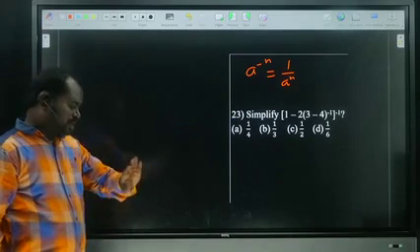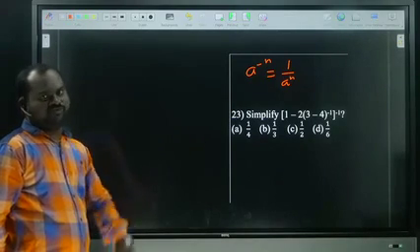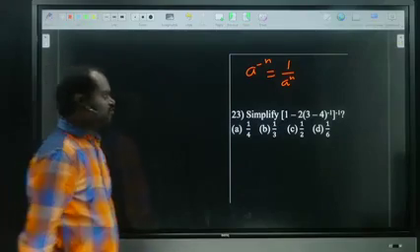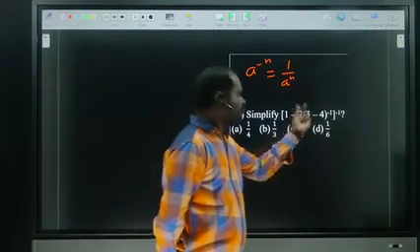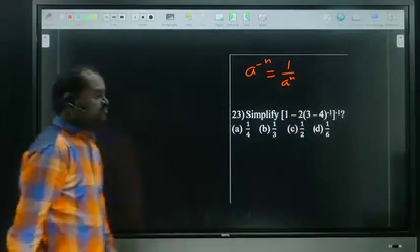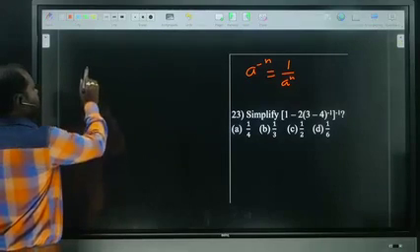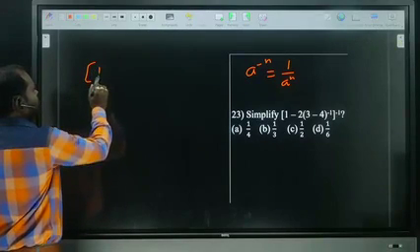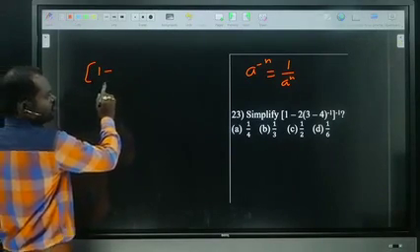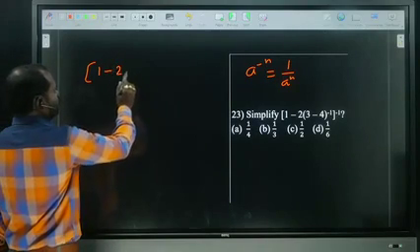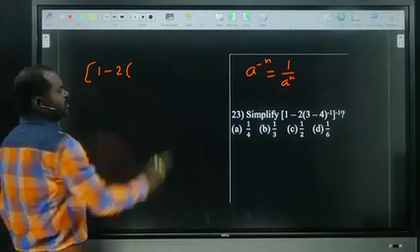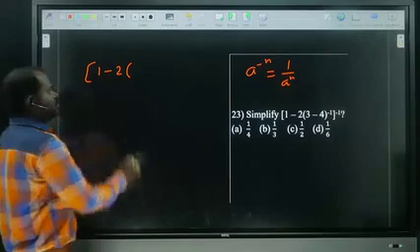Now as per BODMAS rule, first preference is for which one? 3 minus 4. Now I will show here. 1 minus 2, 3 minus 4, how much? Minus 1.